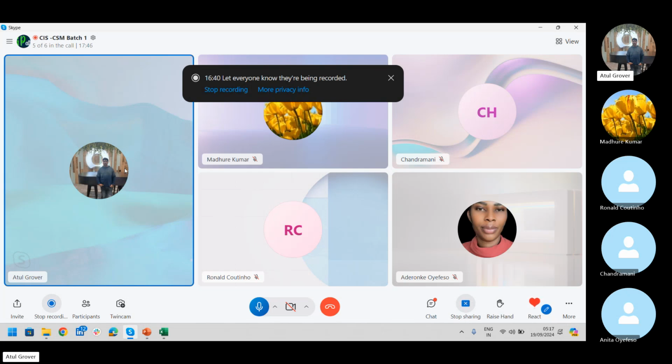Correct? A proper sequencing of steps, a proper way of raising the ticket. Right? So now when we say this is a CSM, how is it going to benefit the customer and the business? Any idea how it's going to benefit the business?